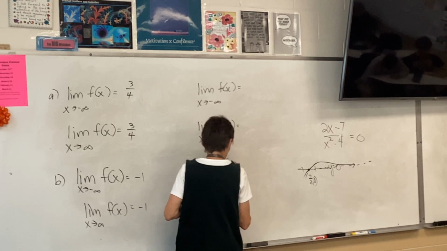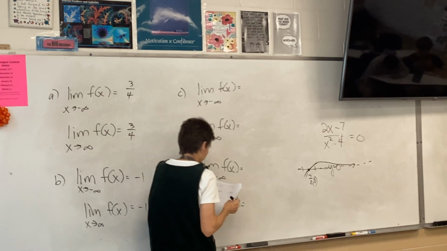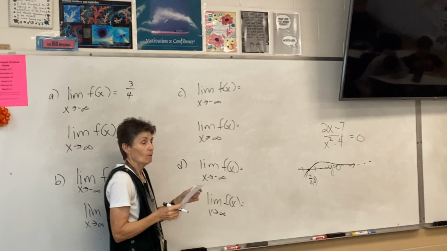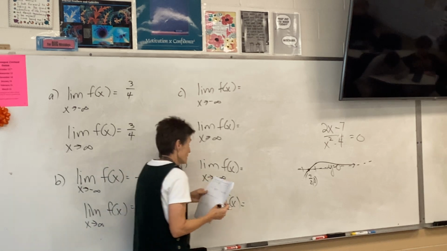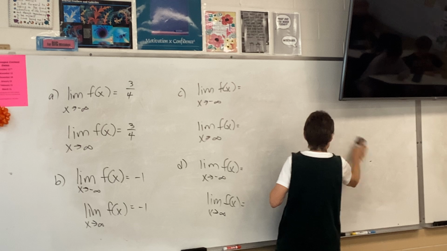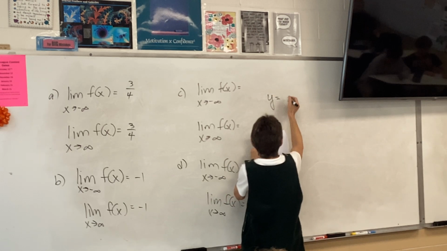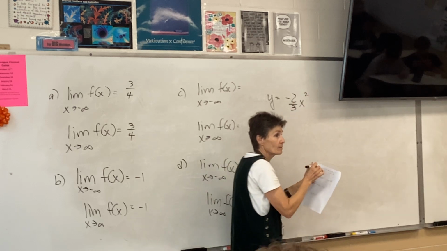All right, here we go. How about C? Now, C is kind of wonky, right? Simplify the first 2 terms there, and what do you get for C? You get y equals what? -2/3 x squared.